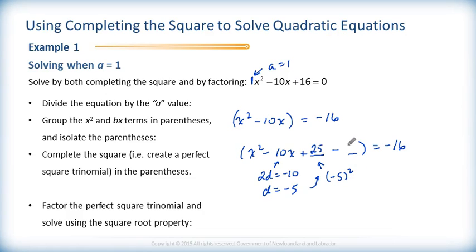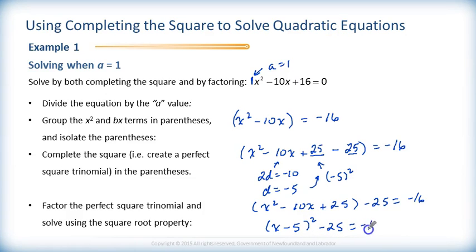And we have to subtract off an amount equivalent to that, because we can't just add what we want into an equation. We have to balance it off. Once we have that, we move that negative 25 outside the brackets. There's nothing to distribute, so move it outside the brackets. We factor our perfect square trinomial, which in this case becomes, since our d value is negative 5, the factors (x minus 5) squared minus 25 equals negative 16.